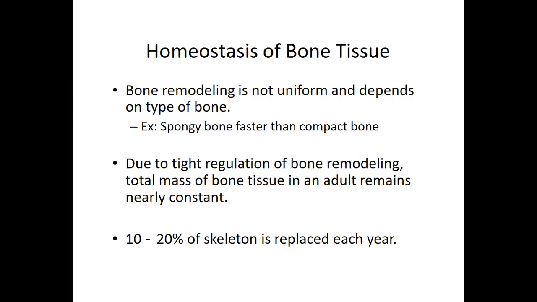It does have more extracellular matrix laid down in between each cell. The reason why spongy bone is spongy is because you have those trabeculae and lots of spaces in between. And so because spongy bone has lots of spaces, you have less material for these osteoblasts to have to remodel in the bone.